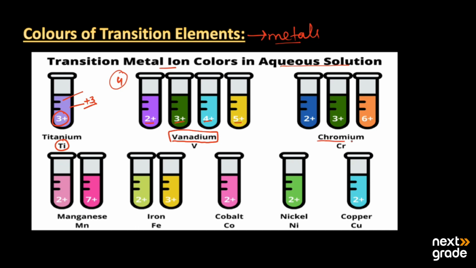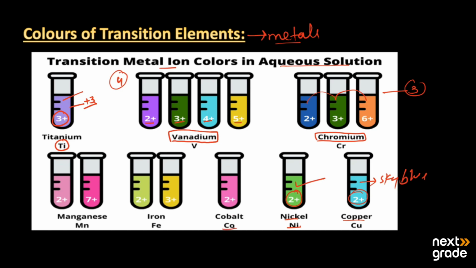Likewise, if we talk about chromium, its symbol is Cr. It shows 3 oxidation states, plus 2, plus 3 and plus 6, and respectively it shows the colors blue, green and then orange. Copper exists in the positive 2 state and shows the sky blue color. Likewise, nickel shows the positive 2 oxidation state in green color.